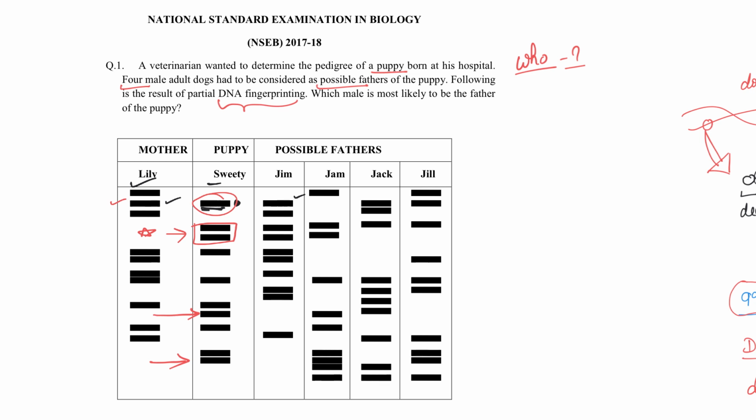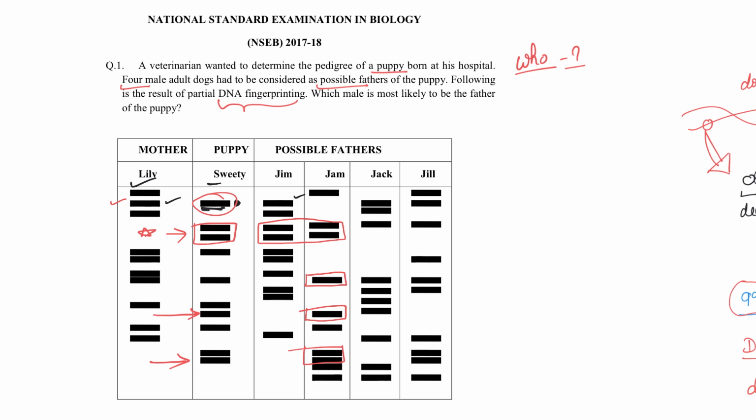So we can see Jim and Jam make all-round perfect fits, right? Here we see Jam is a better candidate. Once again, we see Jam is a better candidate. And once again, we see Jam is a perfect candidate, right? So the fight is between Jim and Jam.